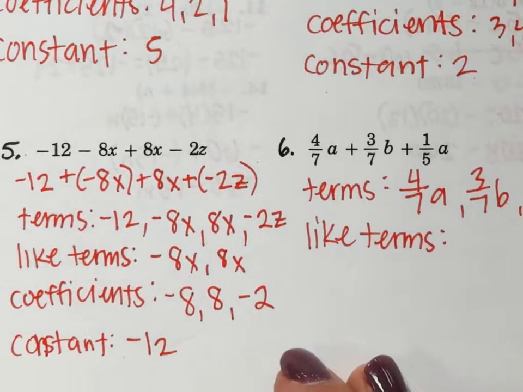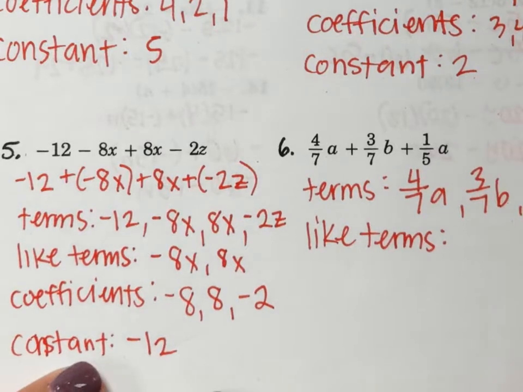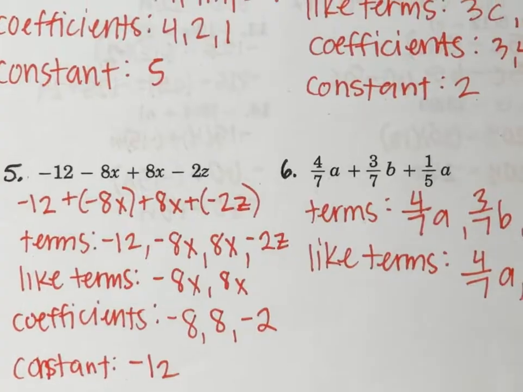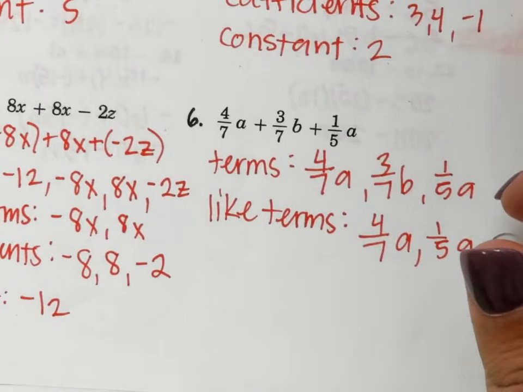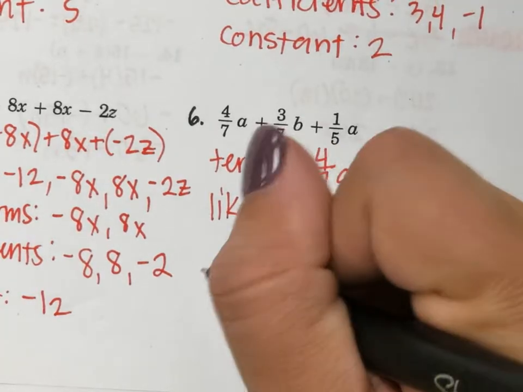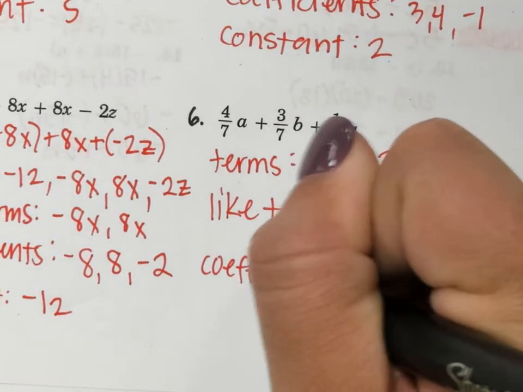What about my like terms? 4/7A and 1/5A. Good. What are my coefficients?